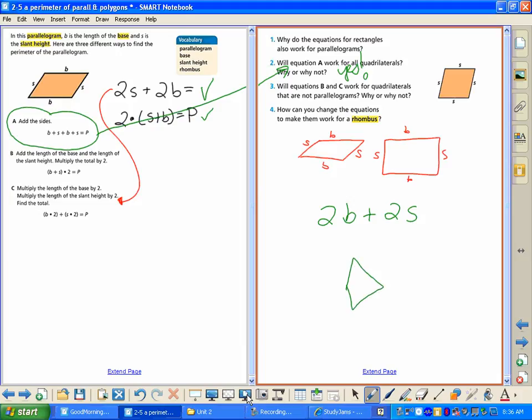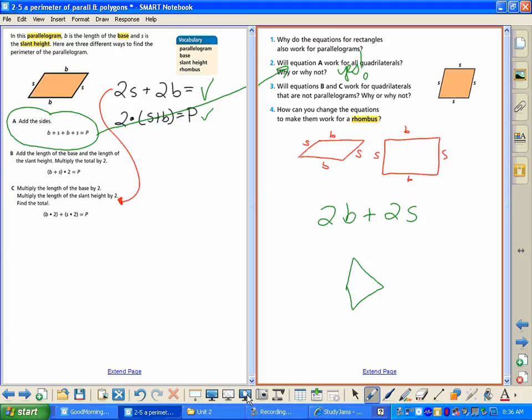It's a quadrilateral. It's got 4 sides. Would it work for that? No, it wouldn't. They're not all equal. Do they have congruent sides? No. So will it work for quadrilaterals that are not parallelograms?